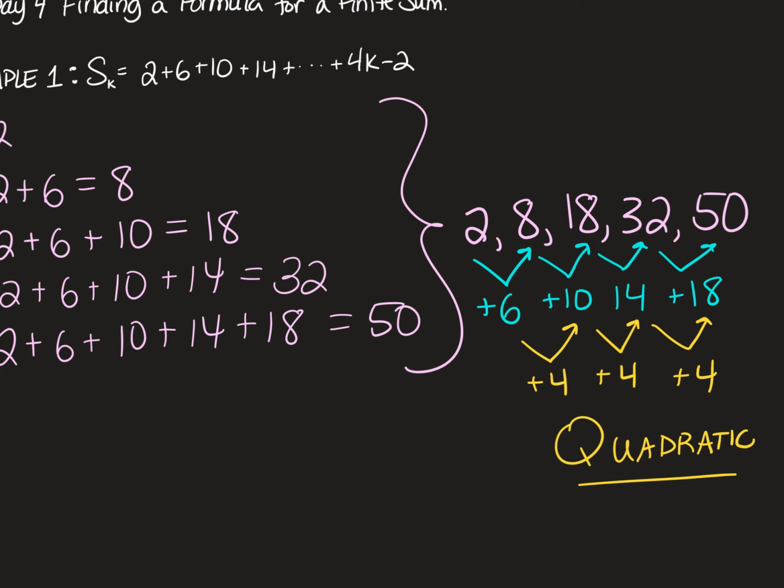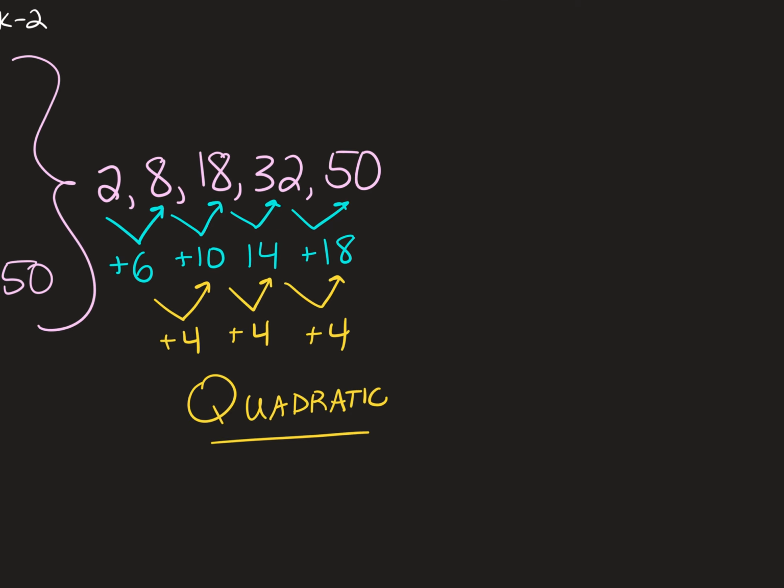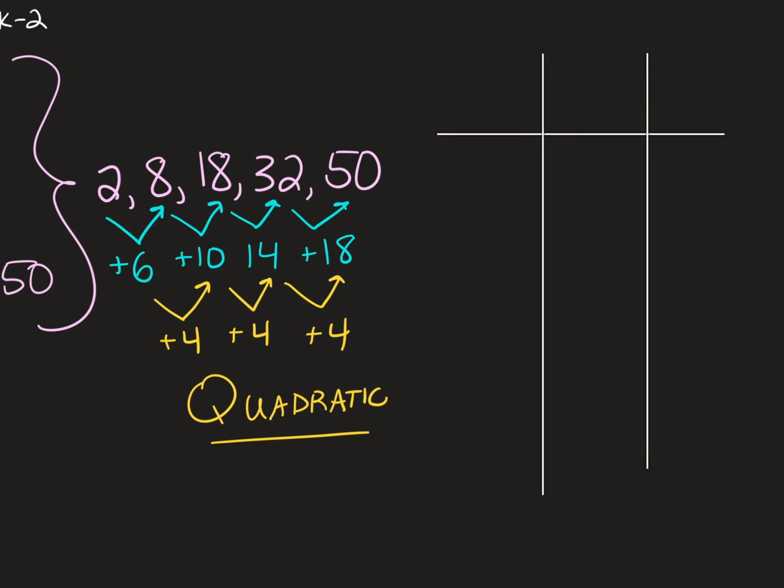So what I want to do next is take that sequence and organize it as a table. We've talked a little bit about this. We did this early on as well. So I'm just going to make myself a table, and I'm actually going to give myself 3 columns, and you'll see why in just a minute. In the first column are my K values. So we went from 1 to 5.